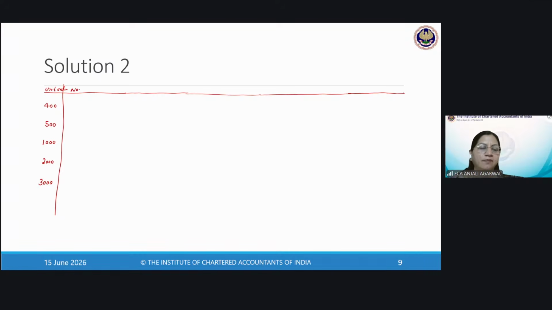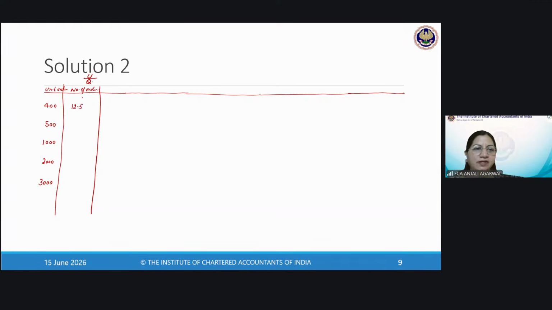So, number of orders: it will be usage, total units, divided by how much quantity you are ordering. 5000 divided by 400. So your usage is 5000 and you are ordering 400 units. So this is again 12.5.